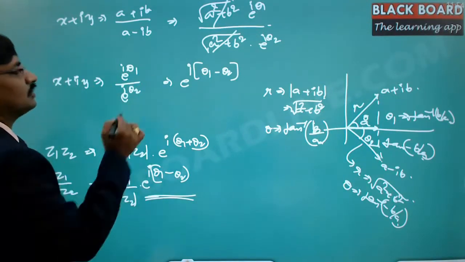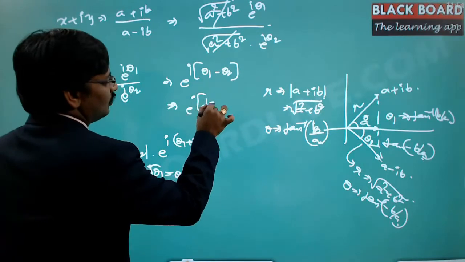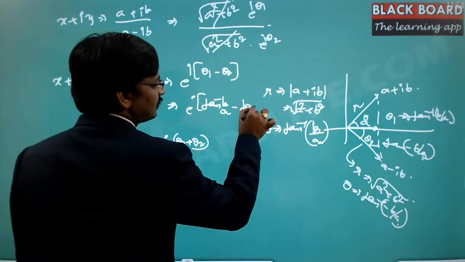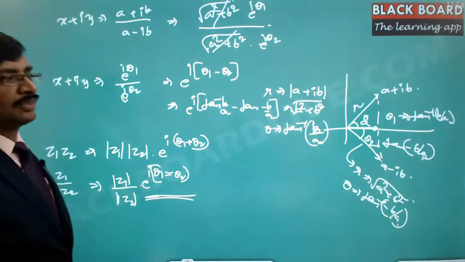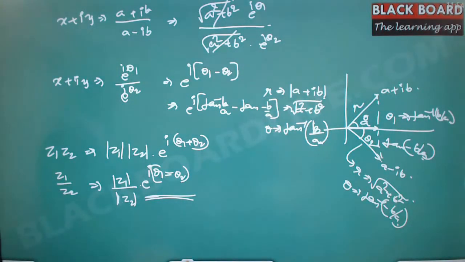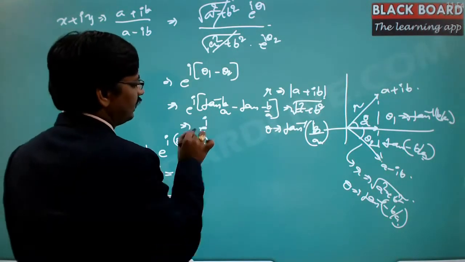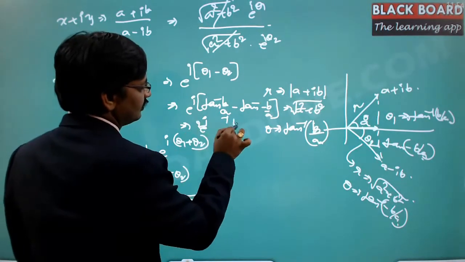So, here this is going to be e power i times (tan inverse of b by a minus tan inverse of minus b by a). Right? So, this value is going to be e power i times 2 times tan inverse of b by a.